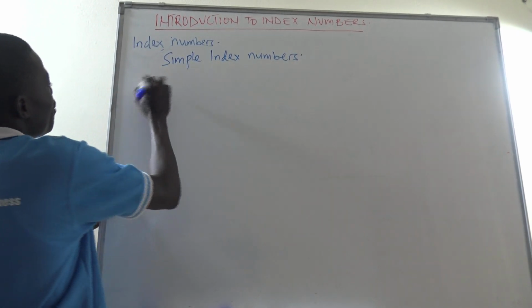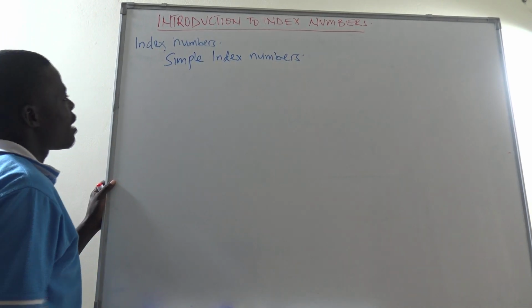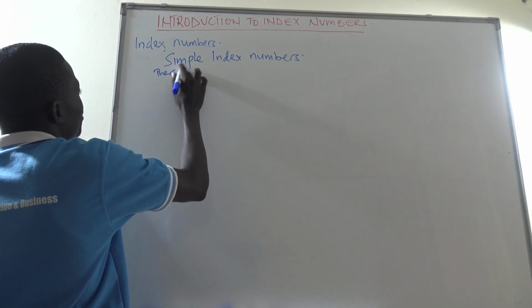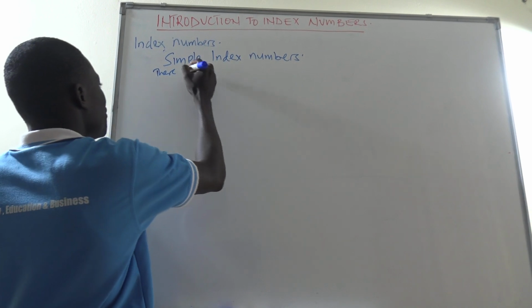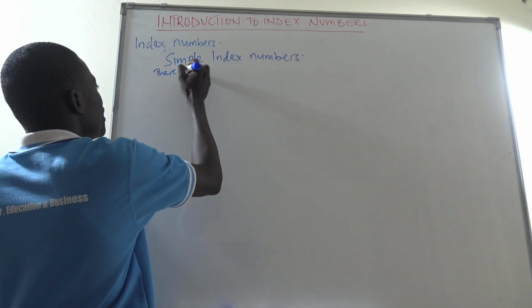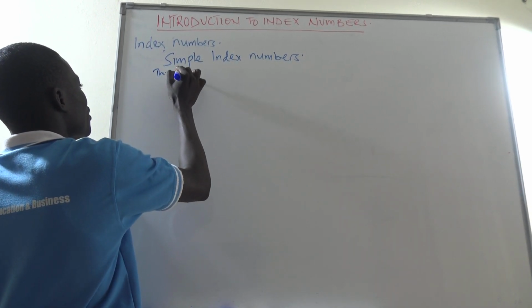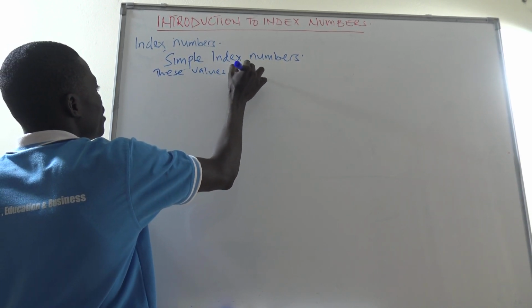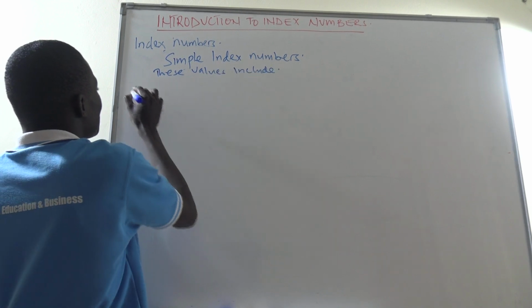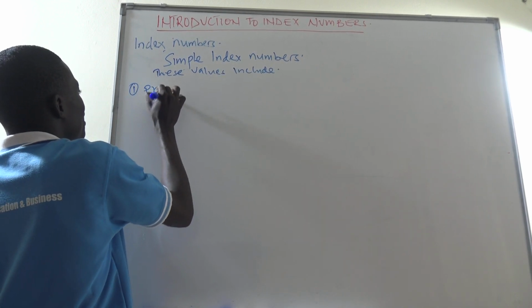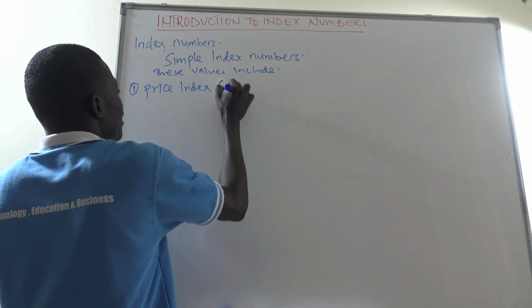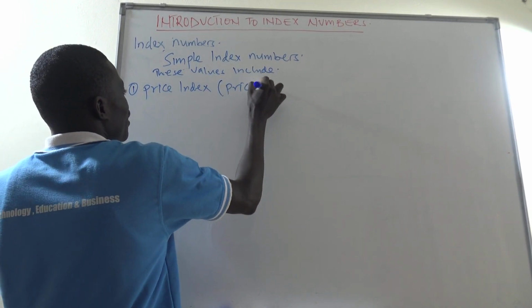Majorly here we have 3 values of simple index numbers. The values of simple index numbers include: the first one, we call it price index, or you can call it price relative.